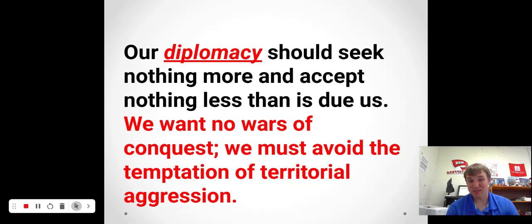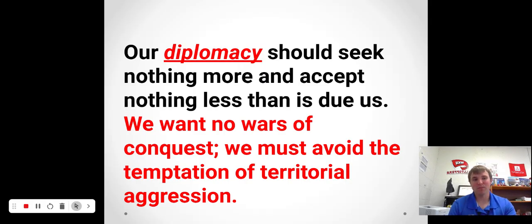He is definitely against it, right? He says we want no wars of conquest or taking over. We don't want to take control of people in other lands. And we need to avoid the temptation of territorial aggression, or being land hungry and gaining land around the world. Basically imperialism. He said we must avoid that.